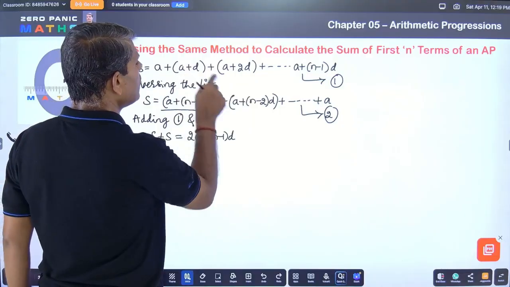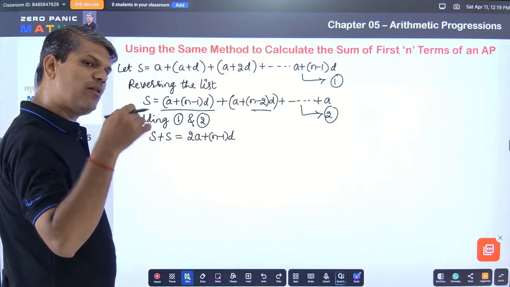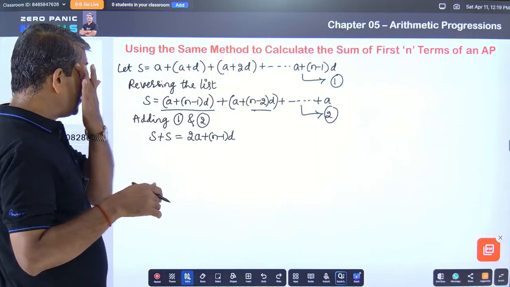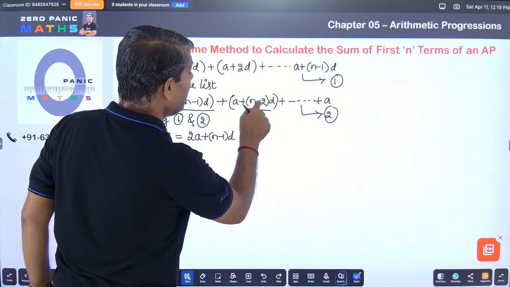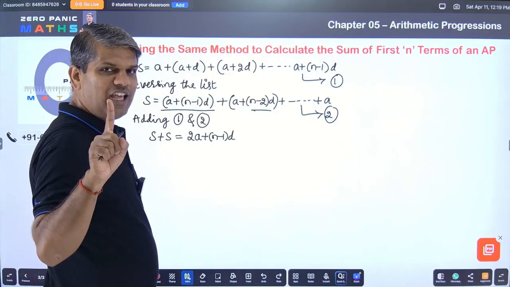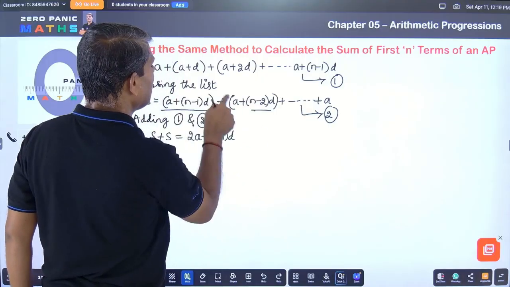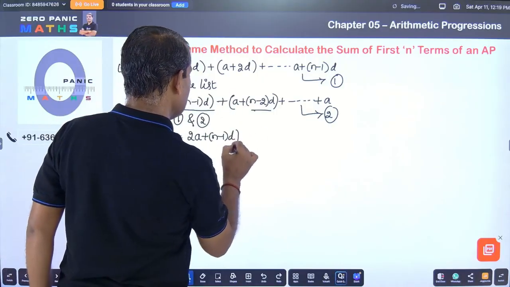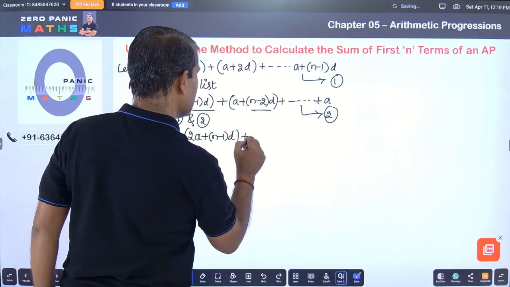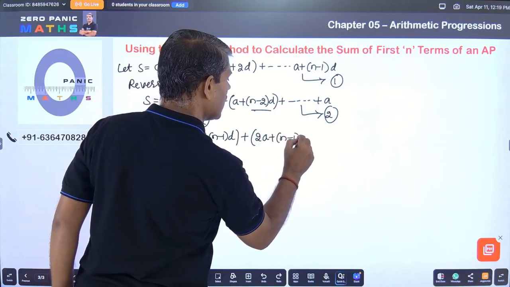If you add one more d to this, this will actually turn into n minus 1 only, because it will be nd minus 2d plus d, it is minus 1d. So that will be n minus 1, and a is added to this, so it will repeat the same term, 2a plus n minus 1 into d.